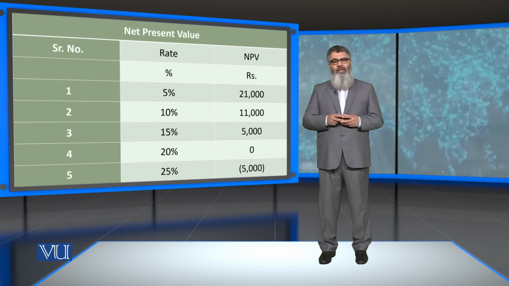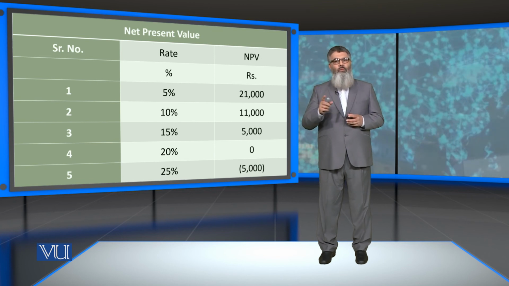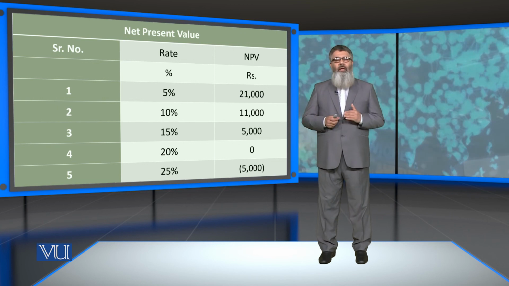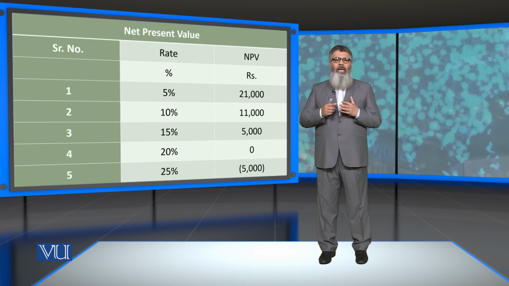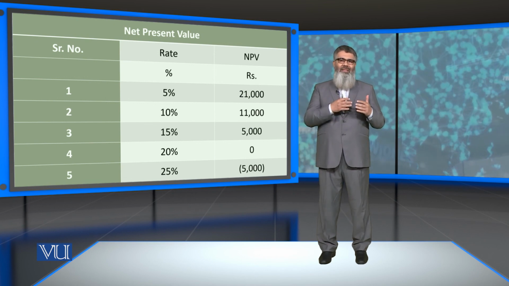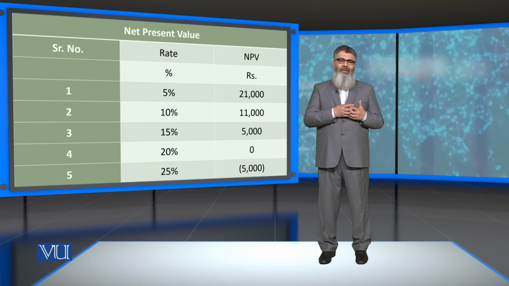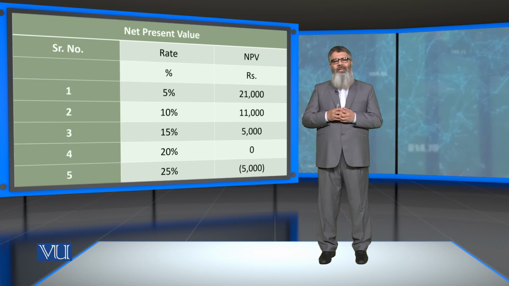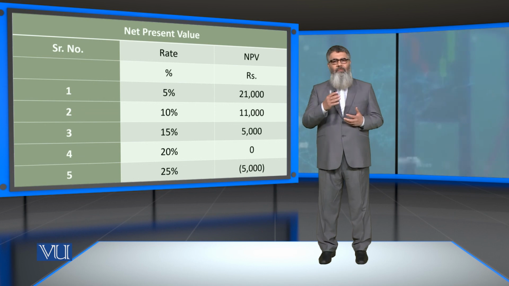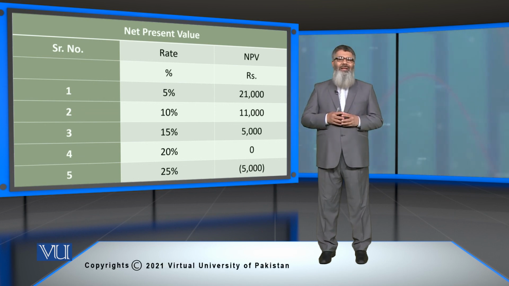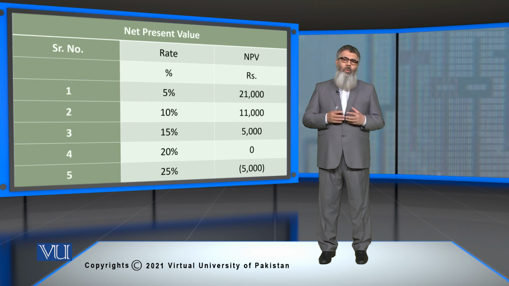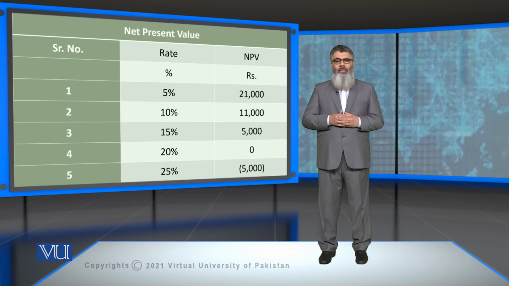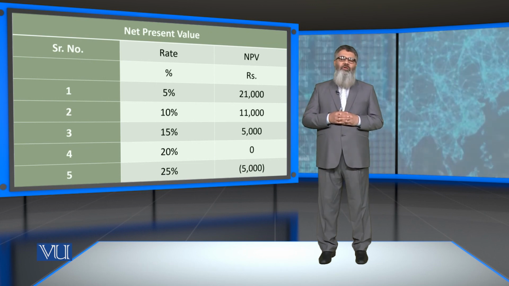But if we further increase the required rate of return we move into the rejection region क्योंकि हमारी नेट प्रेजेंट वैल्यू नेगेटिव हो गई. सो हम यहाँ पर यूं कंक्लूड करेंगे कि नेट प्रेजेंट वैल्यू प्रोफाइल हमें ये बताता है कि हम अपने रिक्वायर्ड रेट ऑफ रिटर्न को कितना बढ़ा सकते हैं और कहाँ पर जाकर हमारे प्रोजेक्ट की वायबिलिटी ख़त्म हो जाती है. So if we are looking at this set of data, we can say that this project is viable only up to 20% required rate of return, and anything above 20% will lead to rejection of the project.